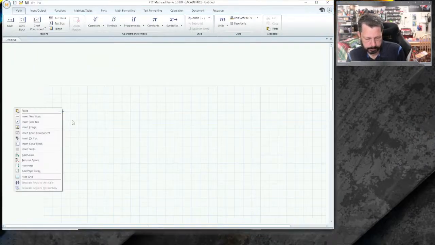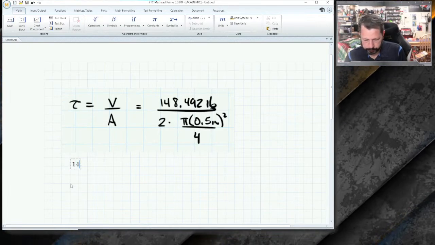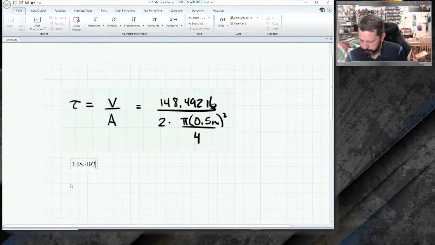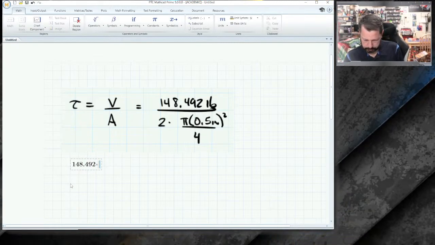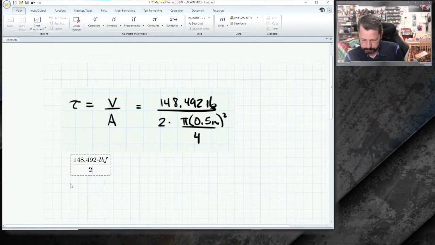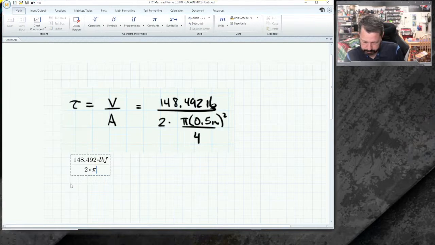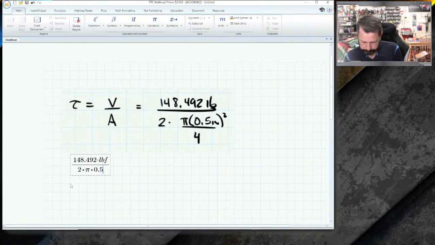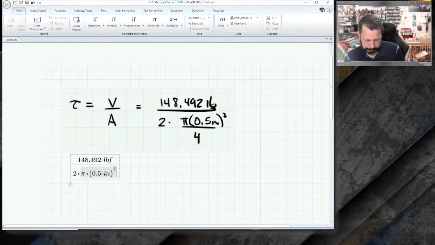All right, let's just put this in here. 148.492 pound force over 2 times pi times 0.5 inches, all of that squared, over 4.